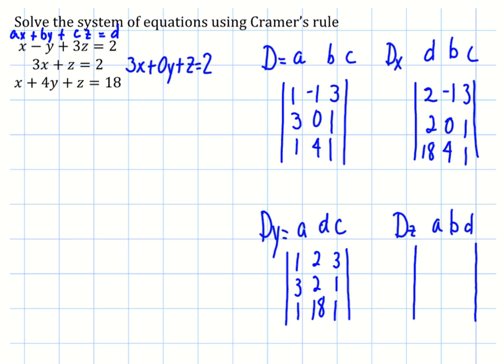And our last one, DZ, would be A, which is 1, 3, 1, B, a negative 1, 0, 4, and D, 2, 2, 18. So this is the first thing you want to do before you get started with the calculator. We're going to input these matrices and get the determinant.